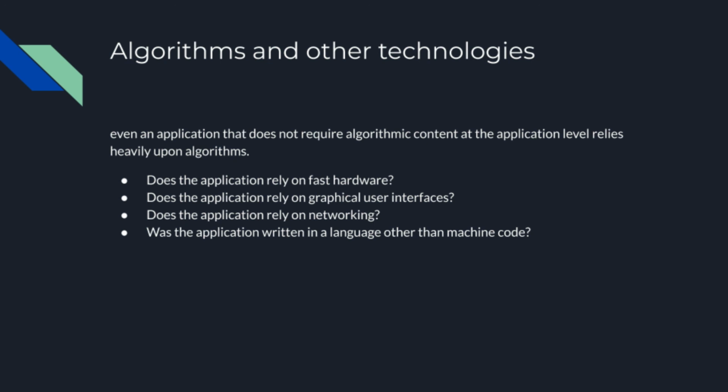Does the application rely on networking? Routing in networking relies heavily on algorithms. Was the application written in a language other than machine code? Then it was processed by a compiler, interpreter, or assembler, all of which make extensive use of algorithms. Algorithms are at the core of most technologies used in contemporary computers.